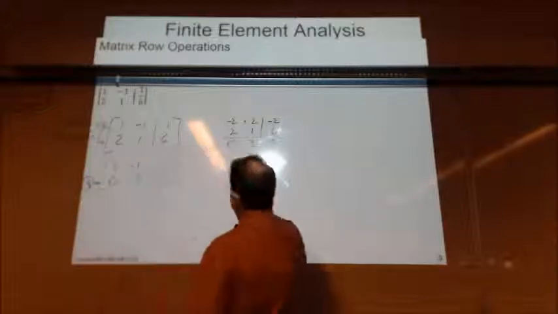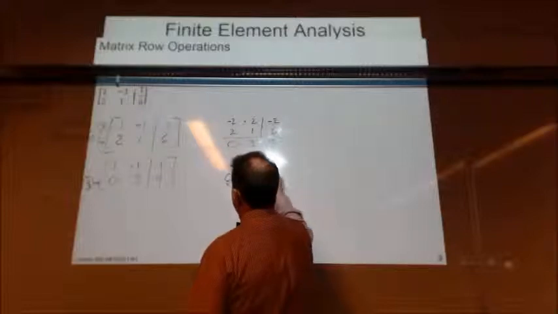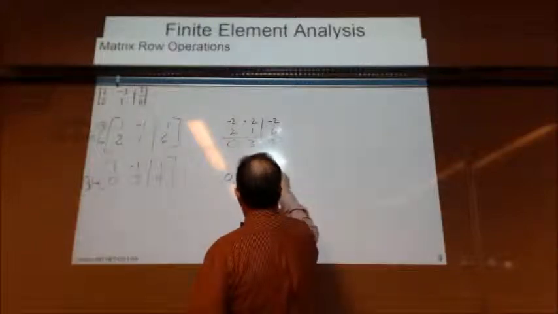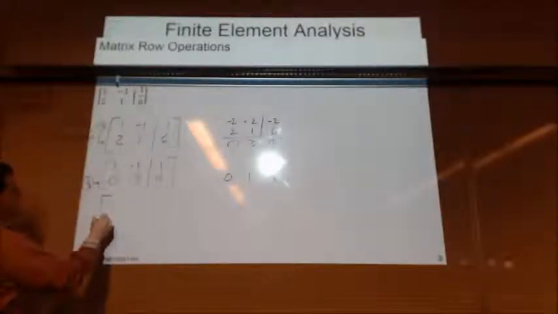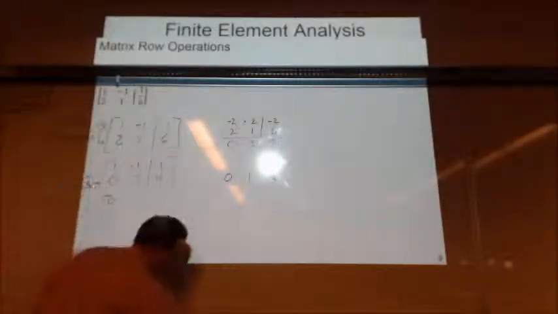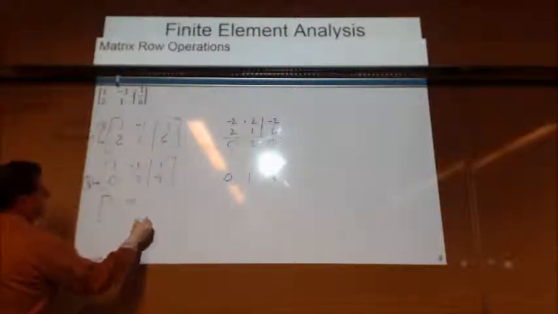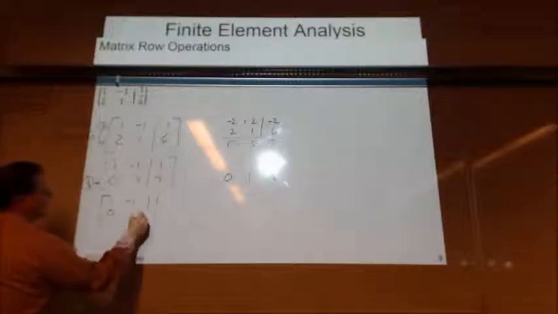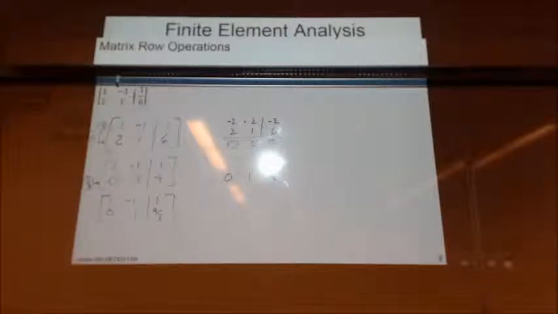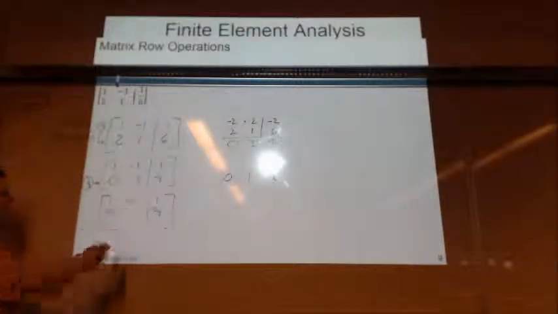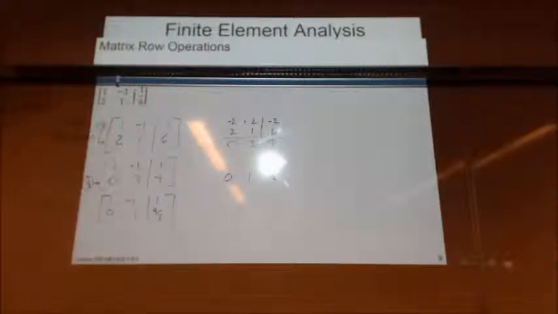Right, so 1/3 times 0 is 0. 1/3 times 3 is 1. 1/3 times 4 becomes 4/3. So this is the y term, so we know y is equal to 4/3.